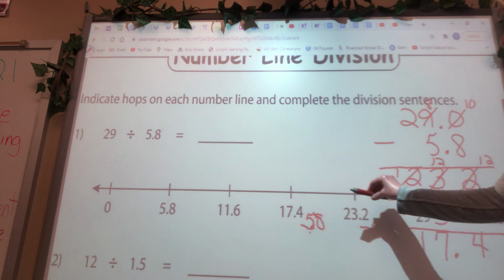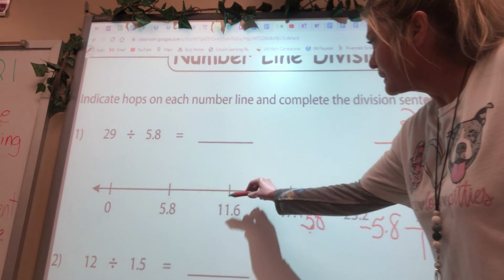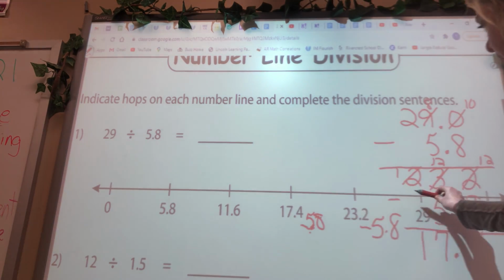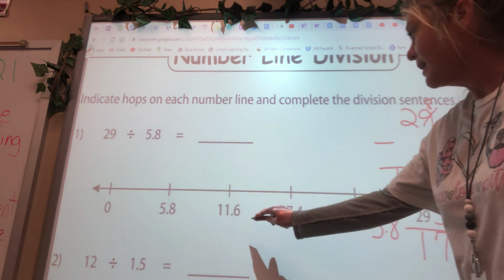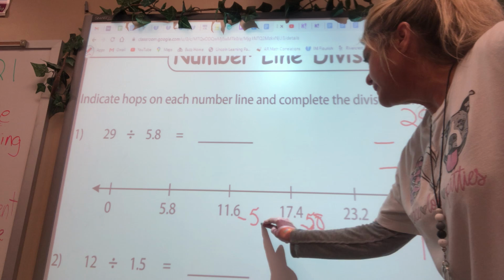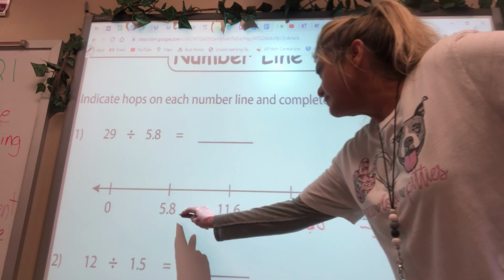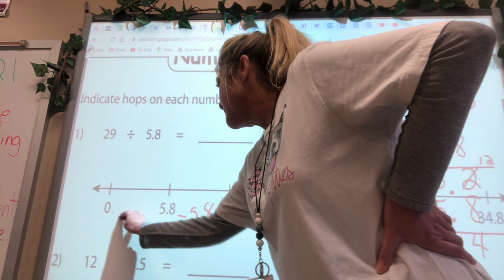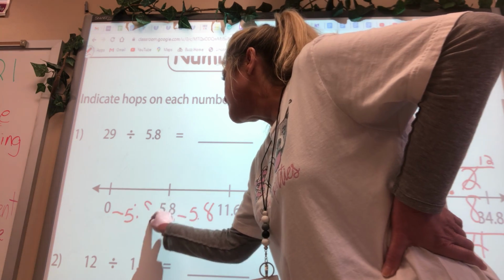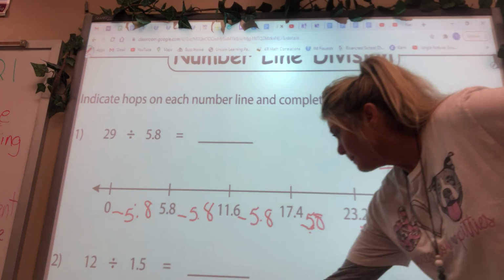So yes, they are using repeated subtraction of 5.8. And we can tell by this number line that these are all even. They made even hops. So we know that that's what they were doing each time, repeated subtraction of 5.8 each time until they got all the way to a 0 remainder.